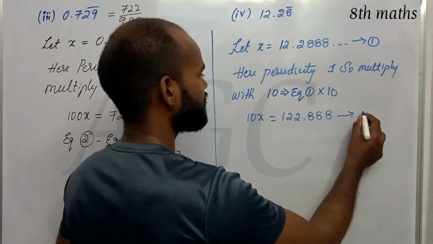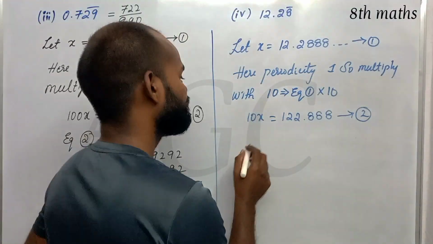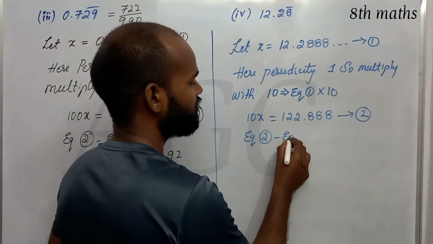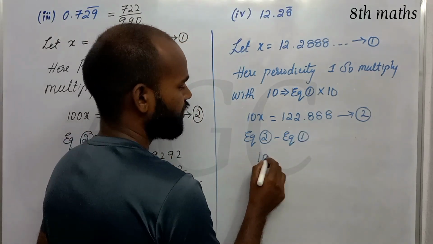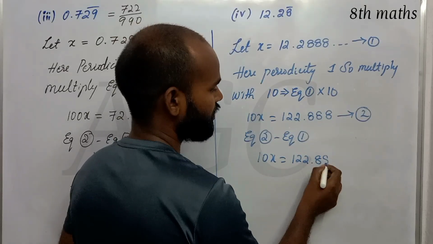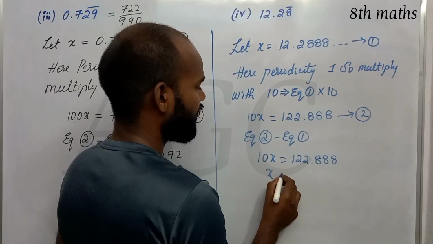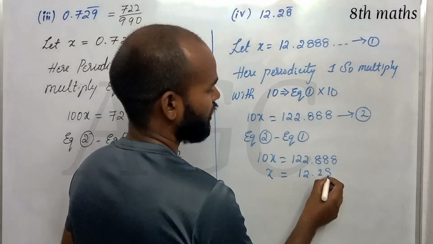Consider as equation number 2. Now subtract equation 2 minus equation 1. So equation 2 is 10x equals to 122.888 minus equation 1, x equals to 12.288.